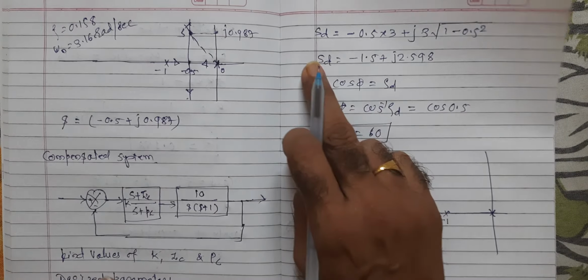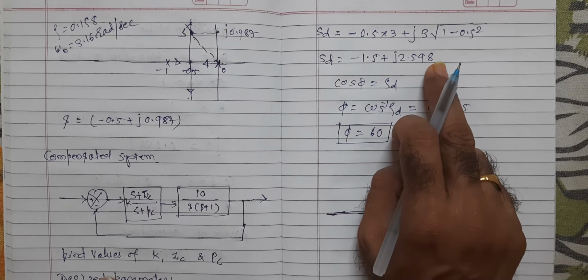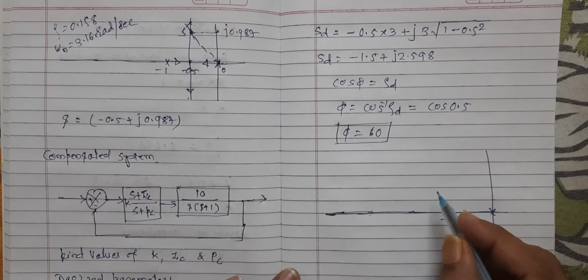Now see here, what is the location of the point? Minus 1.5 and j 2.598. So this is 1, so this becomes 0.5.